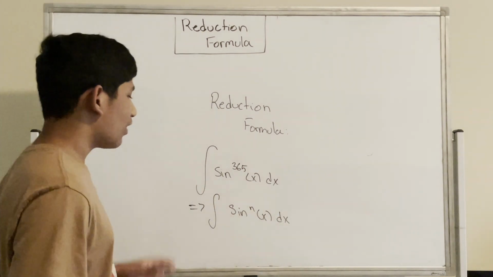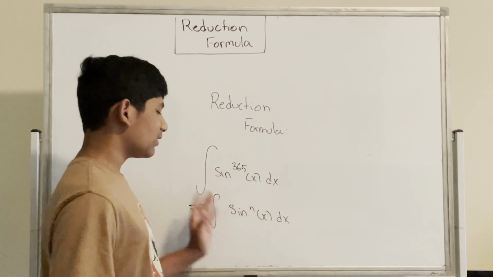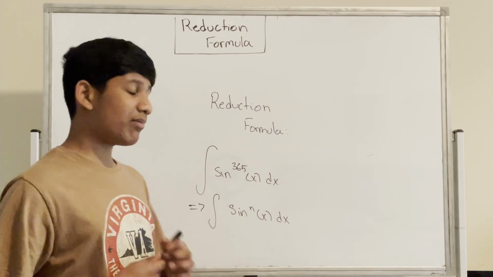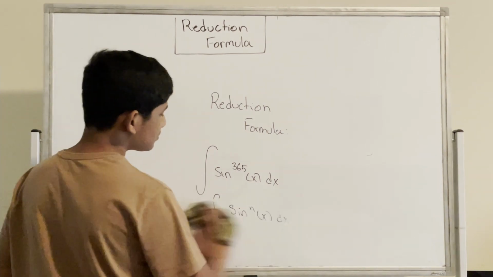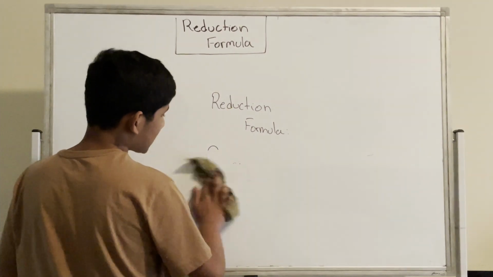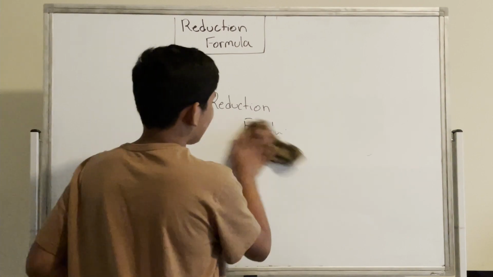This is the same thing. We're trying to find a reduction formula for the most generalized term, so we can then apply it here. So we can have a generalized reduction formula for pretty much anything. So reduction formulas are pretty much generalized. We try to find a generalized formula. Now, that's essentially what a reduction formula actually means.